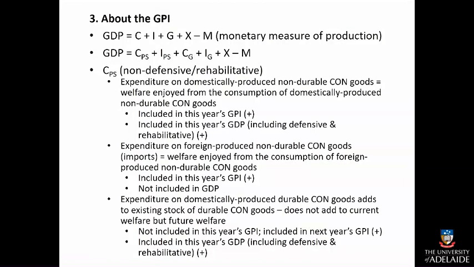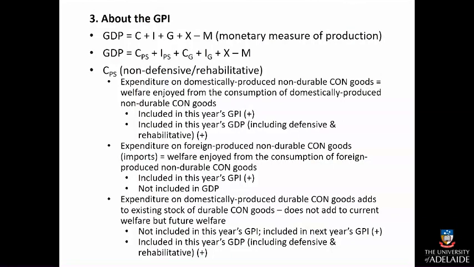Well, that would be expenditure on domestically produced non-durable consumption goods, and basically that $50 in the GPI would be equivalent to the welfare enjoyed from the consumption of the domestically produced non-durable consumption goods, in this case a meal at a restaurant. That would be included in this year's GPI. It also would be included in this year's GDP, but of course GDP goes a bit further and includes those goods and services that are produced for defensive and rehabilitative reasons.